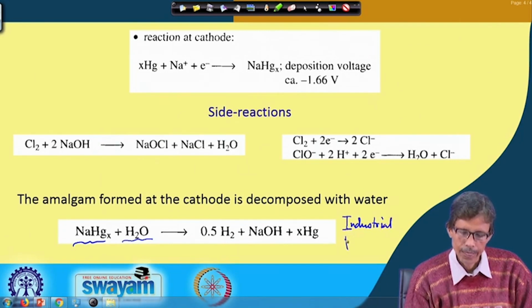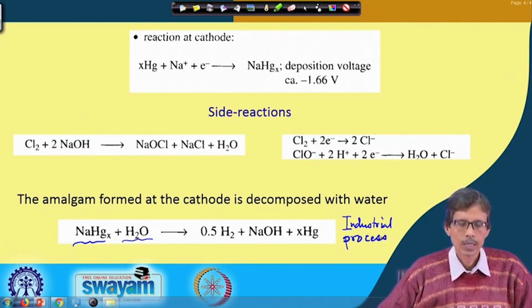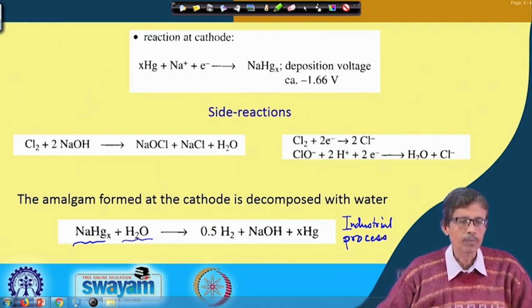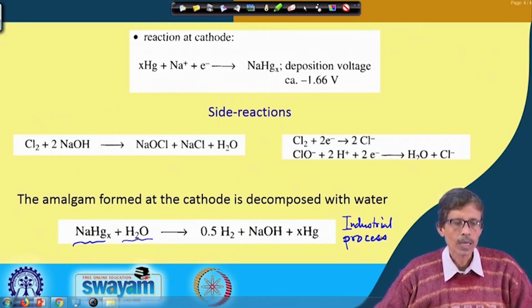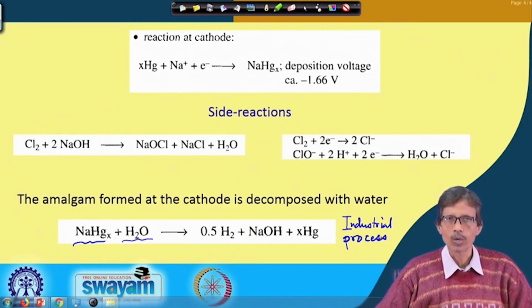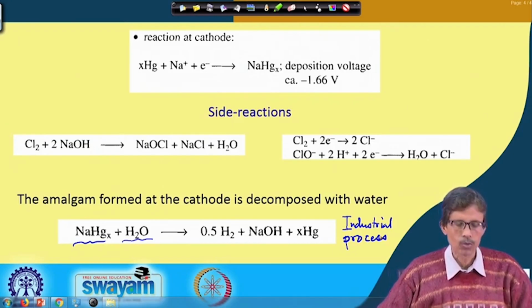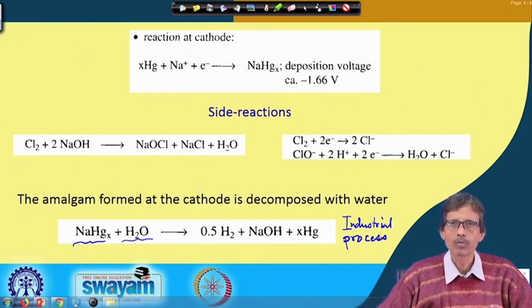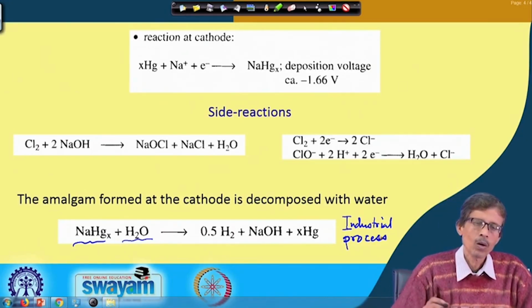In that industrial process you have a huge, bulk amount that will be obtained for production of hydrogen as well as sodium hydroxide. So, always try to remember this reaction in terms of the reactivity of sodium amalgam.